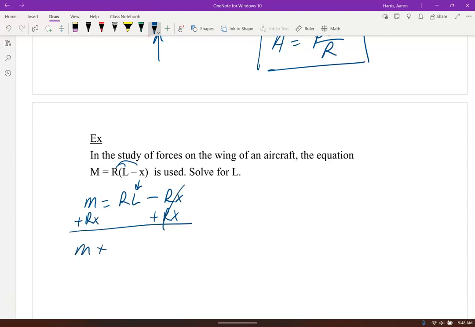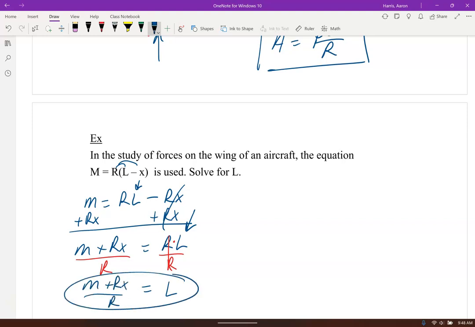So we have M plus RX equals RL. Oops, R capital L. Remember, we're solving for the L. Right now we have R times L, so we've got to divide out the R on both sides. So we have L equals M plus RX all over R.